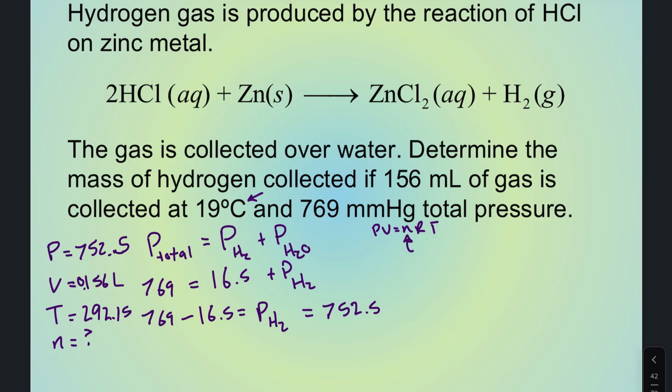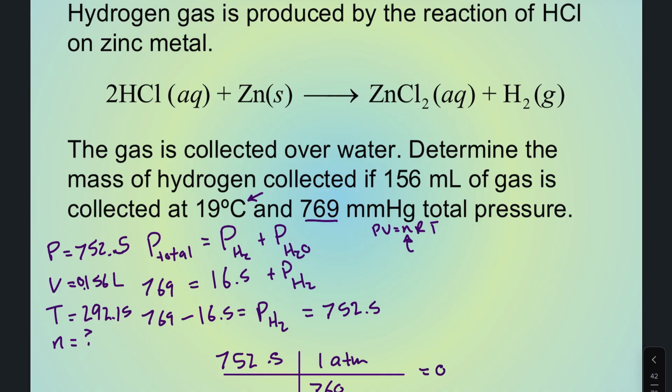The other thing we need to do is, pressure is in millimeters of mercury, and so we are going to have to convert millimeters of mercury to atmospheres first. So that's going to be 752.5, and we will take that and divide it by 760 millimeters of mercury for every 1 atmosphere.